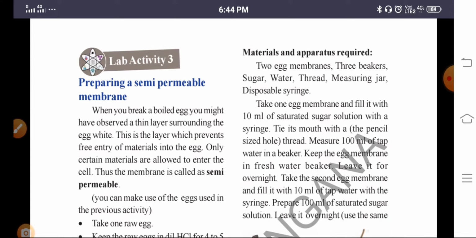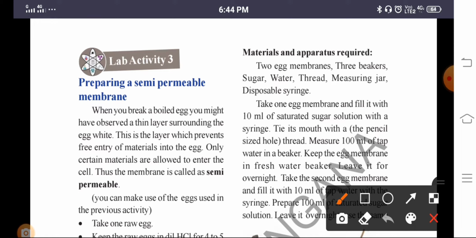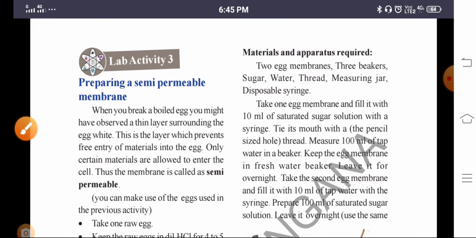Let us take two egg membranes prepared by the above method, 3 beakers, sugar solution, sugar, water, thread, measuring jar and disposable syringes. Take one egg membrane and fill it with 100 ml of saturated sugar solution with the syringe. Now tie its mouth with the thread.